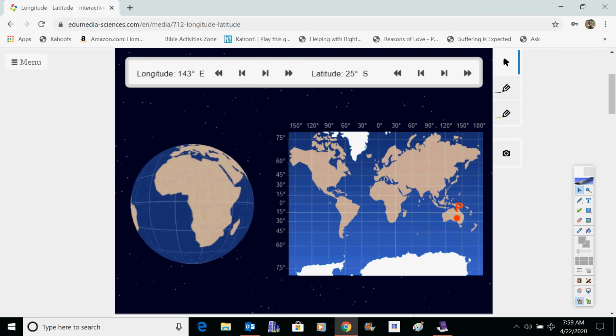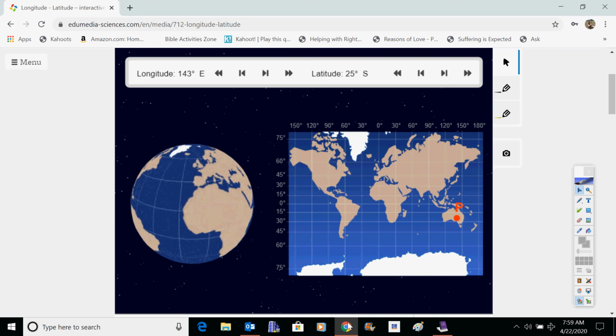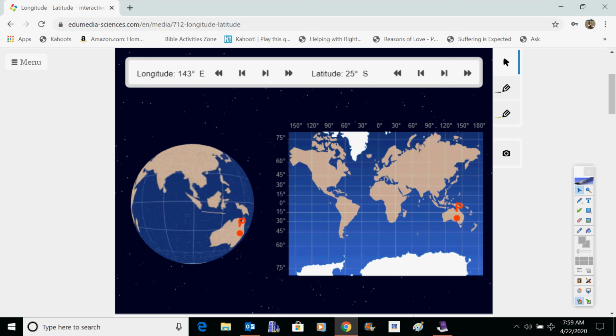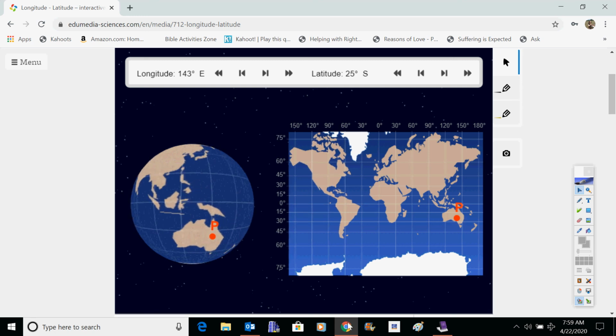Comparing it to where Greenwich, England was, which was on this line right here, we would be going in the east direction. So 143 degrees east takes us to here, and then latitude 25 degrees south. So we're working with the globe, the actual globe, but you can think of it as being a flattened out map like this.